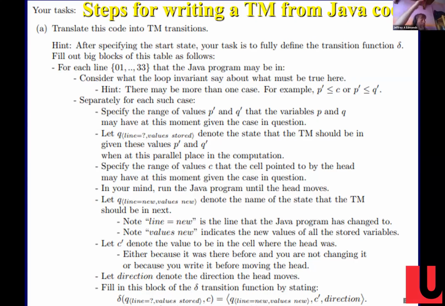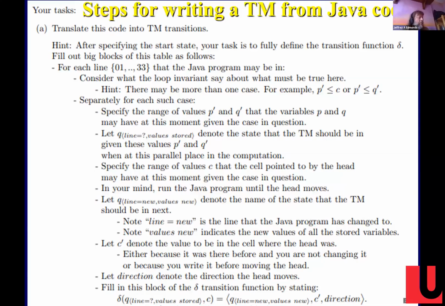Just run it. What does it do? Oh, it takes something from the tape and puts it in a variable. Oh, it stores something in the variable. Oh, it allocates new memory for a variable. Oh, it deallocates memory for a variable. Oh, keep running the code.